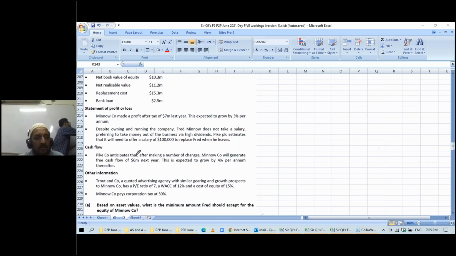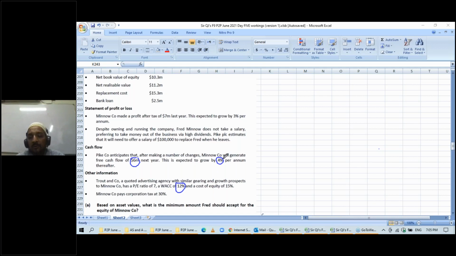they have given you a 6 million cash flow next year, and they have given you a WACC of 12%, right? And they have given you a growth rate of 4%, cash flow growth by 4%.